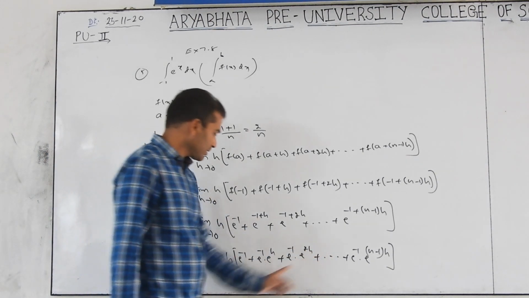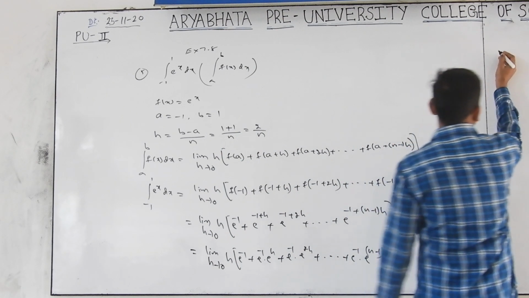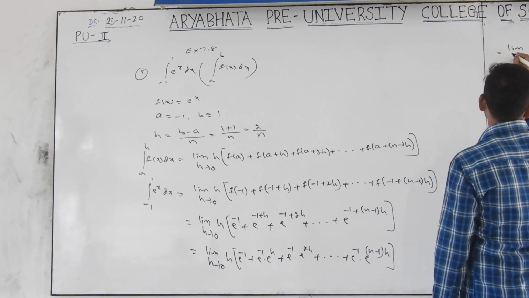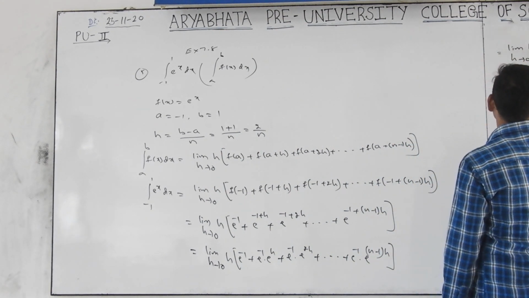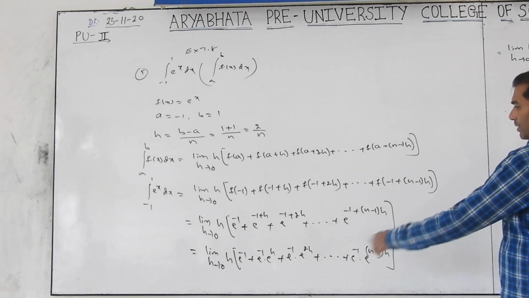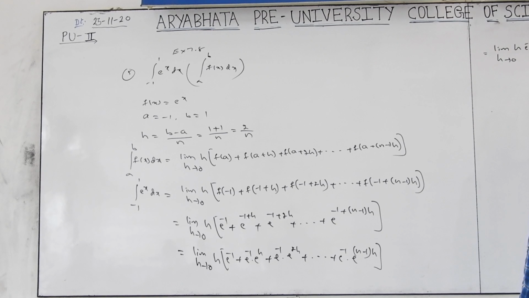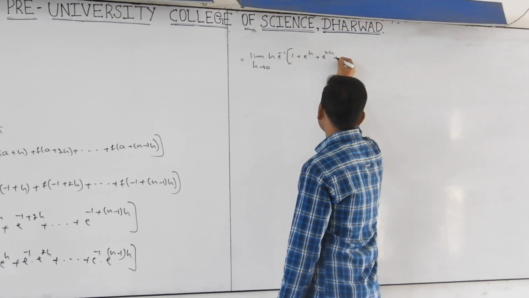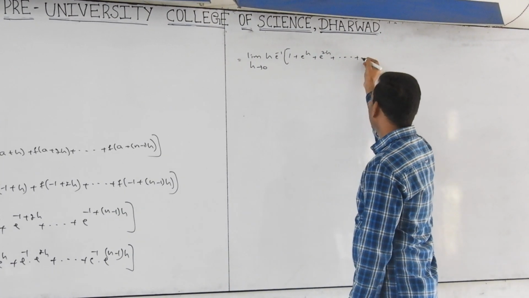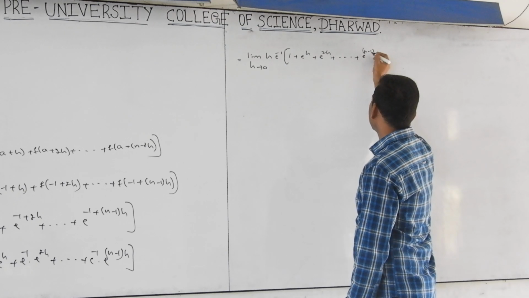What is the common in this? e power minus 1 is common. Limit h tends to 0, h into e power minus 1 take common, remaining 1 plus e raised to h, e power 2h, plus so on, e power n minus 1 into h.